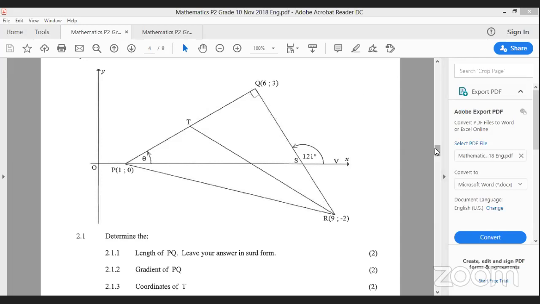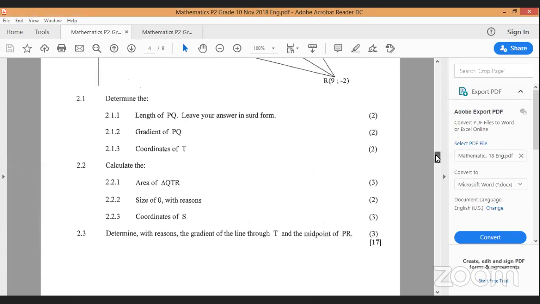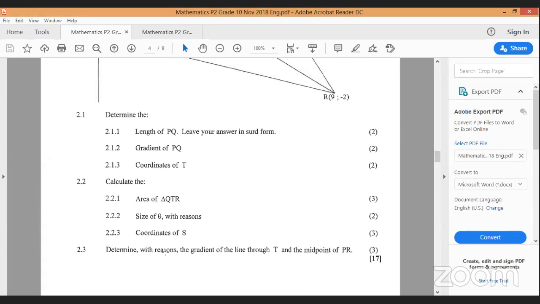Last question now. It says, determine with reasons the gradient of the line through T and the midpoint of PR.